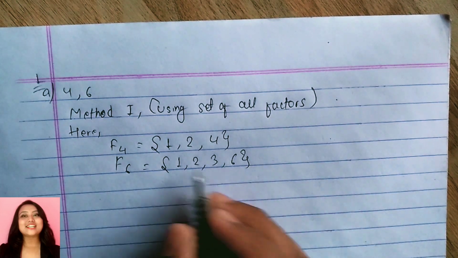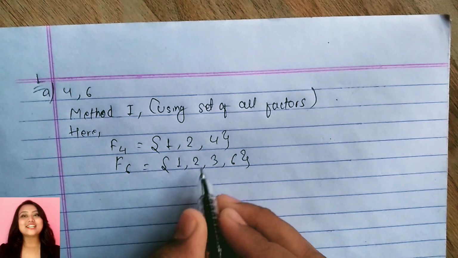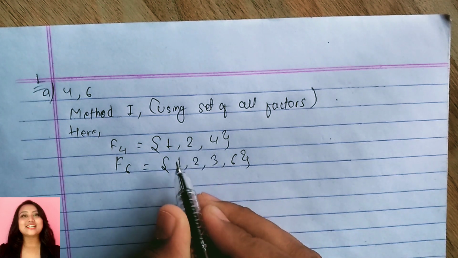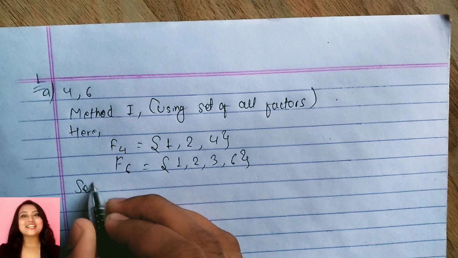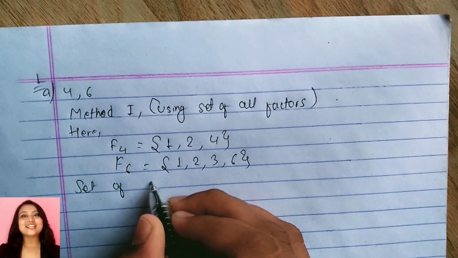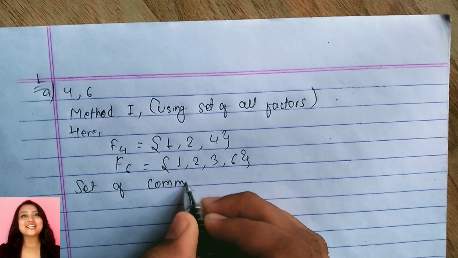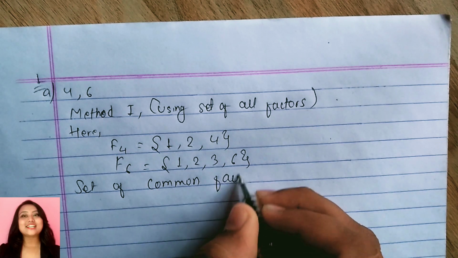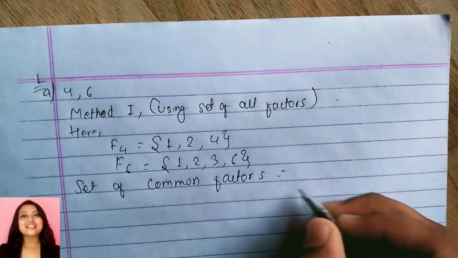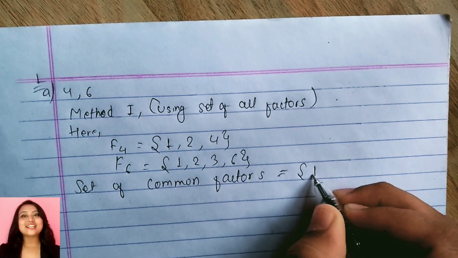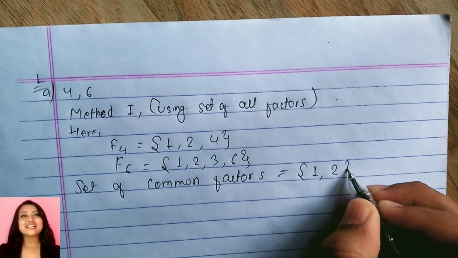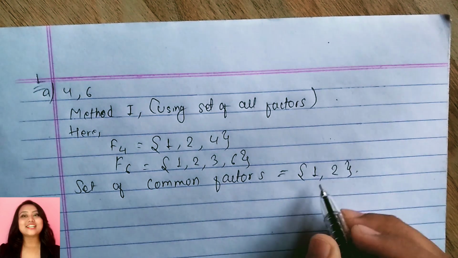Now let's check what the common factors are here. So let's write the set of common factors. The common factors are 1 and 2, right?